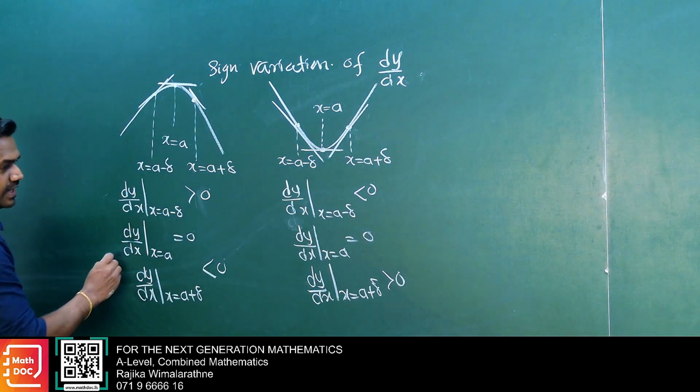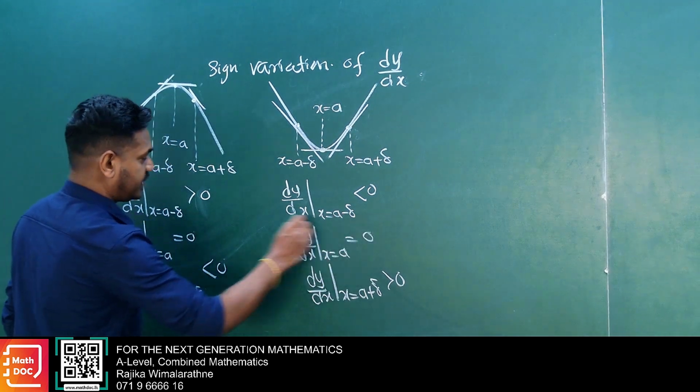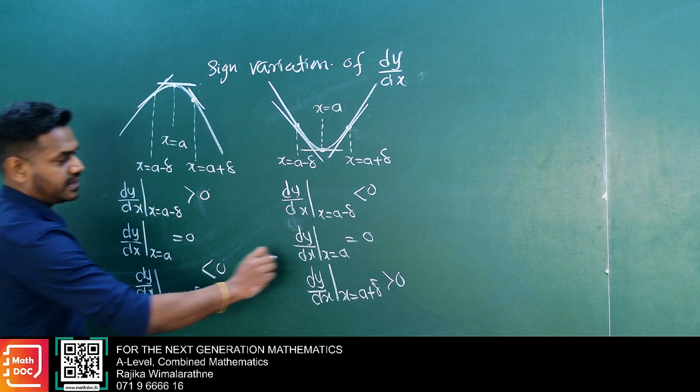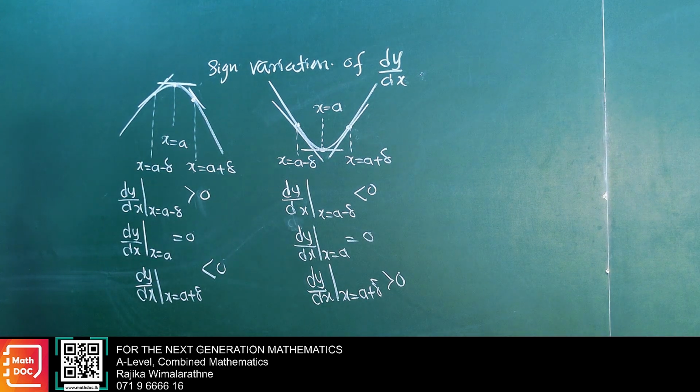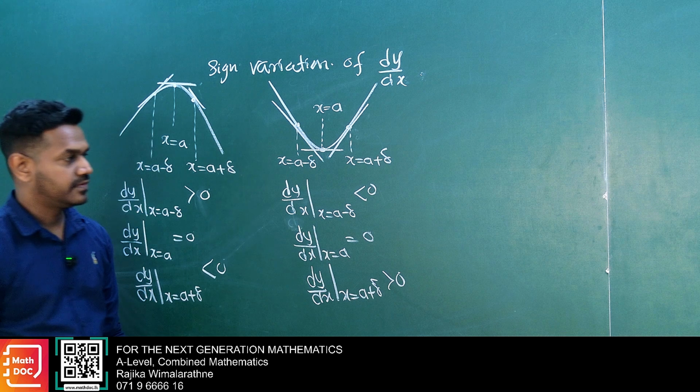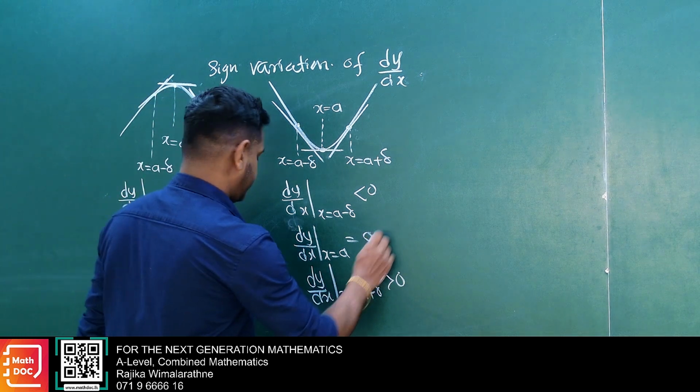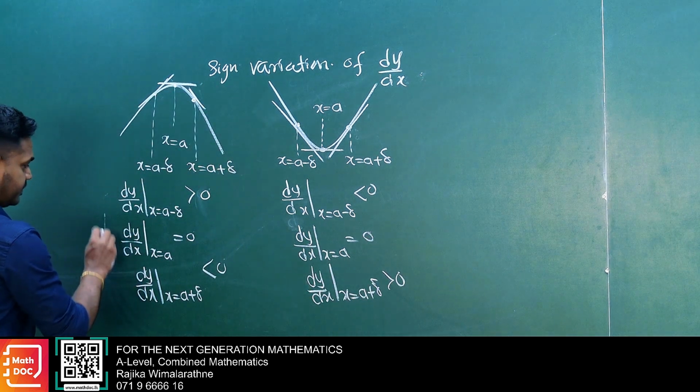Because of this sign, you can find critical point. Then derivative 0 point we call critical point. You better write here, better to highlight this sign.